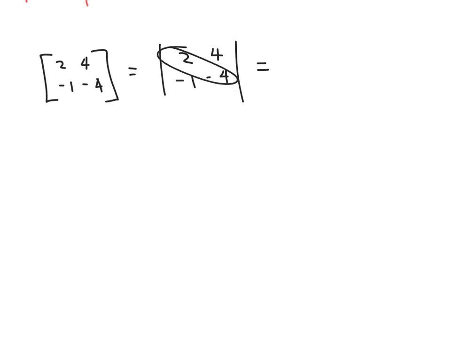So we're given 2 and 4, negative 1, negative 4, and the question is find the determinant. For finding the determinant, you've just got your vertical line, do that first, and then you multiply those two, and I would suggest putting things in parentheses.